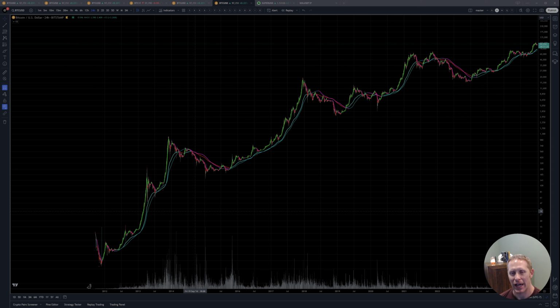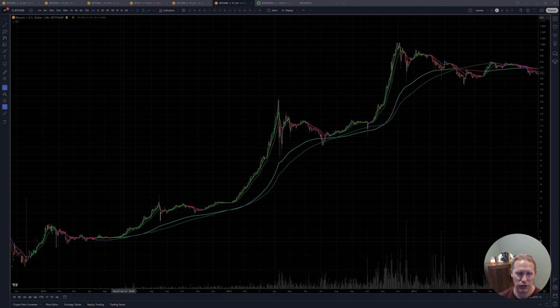So when the 200 SMA is above the 200 EMA, remember that if you're familiar with EMAs and SMAs, you'll know that the EMA tends to respond a little bit quicker because the more recent price action is more heavily weighted than a standard SMA, which is just a linear weighting. You'll see when the trend really kicks off is usually after a cross.